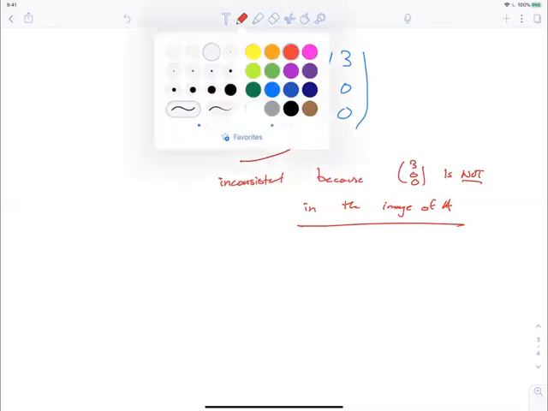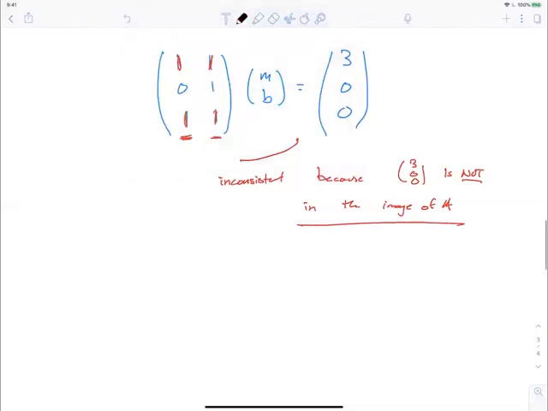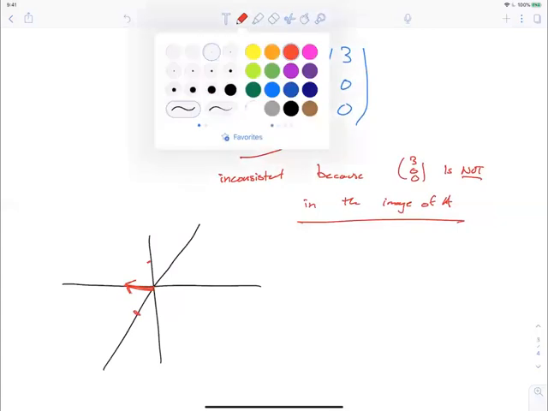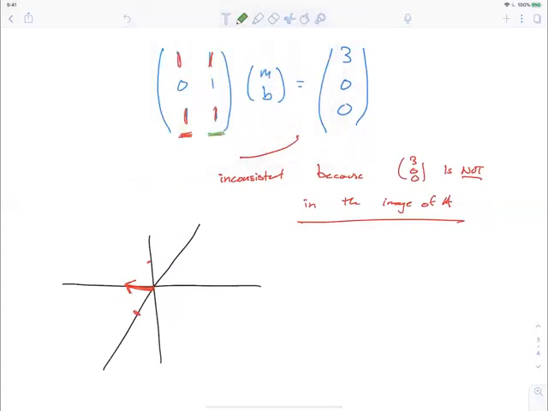So if we draw these vectors in R3, this first one will be 1, 1, 1, 0. So it might look something like this. And the second vector, let's put this one in green. This one's going to come almost straight at us.